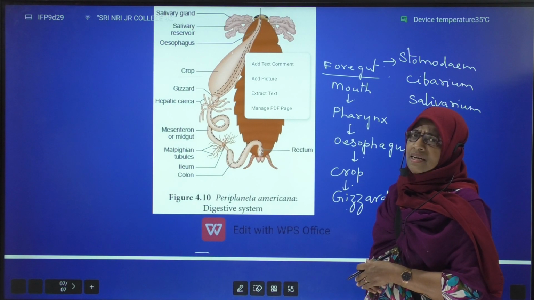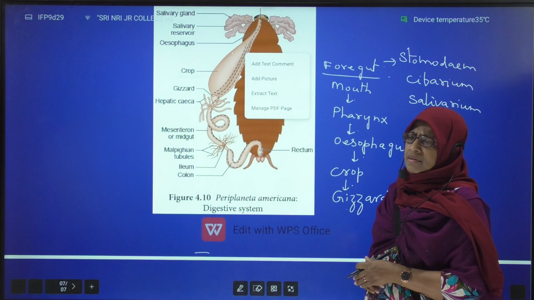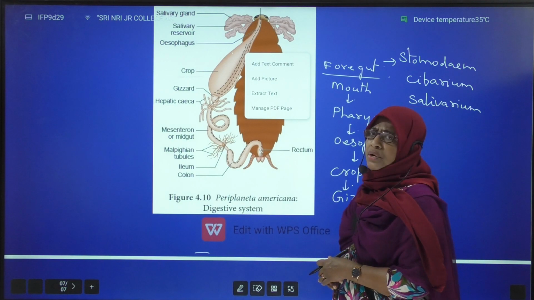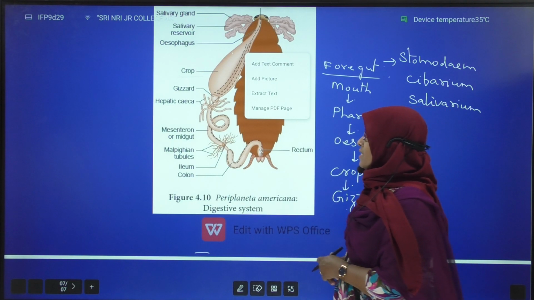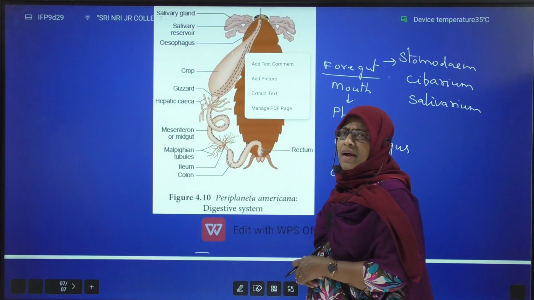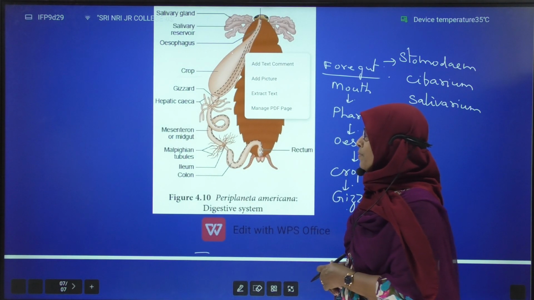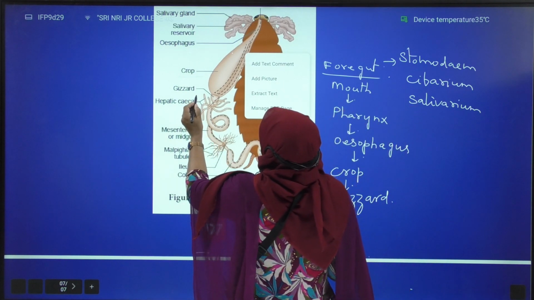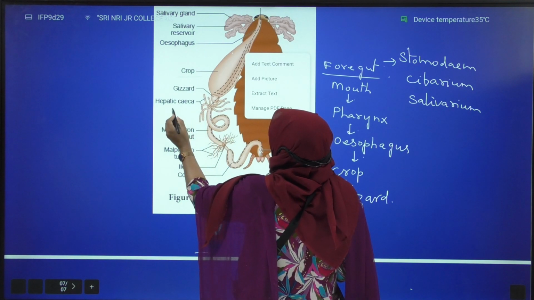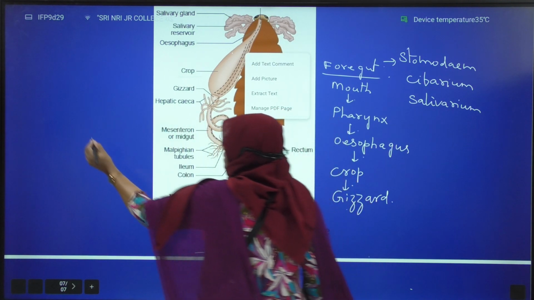Totally in the gizzard, food materials are masticated into fine particles. So gizzard acts as a grinding mill and also as a sieve. Next, at the junction of gizzard with mesenteron, hepatic caeca are present.